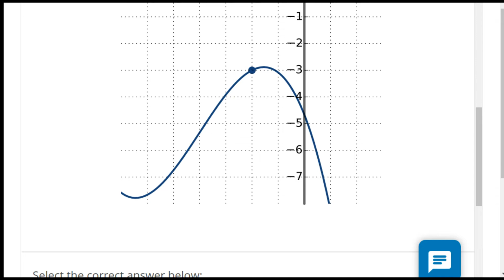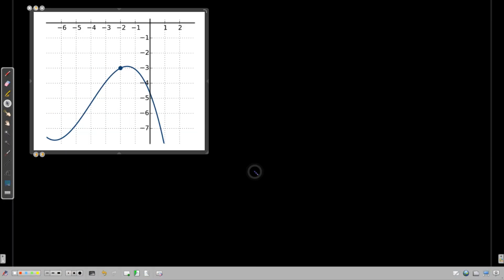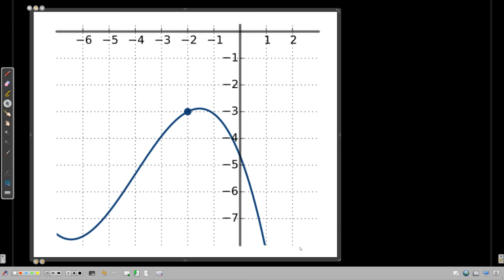No, I did it wrong again. Here we go. This will work this time. This is the button to click. I don't know my own software well enough. Here we go. And they wanted me to estimate the slope of the tangent line at this point. Alrighty.